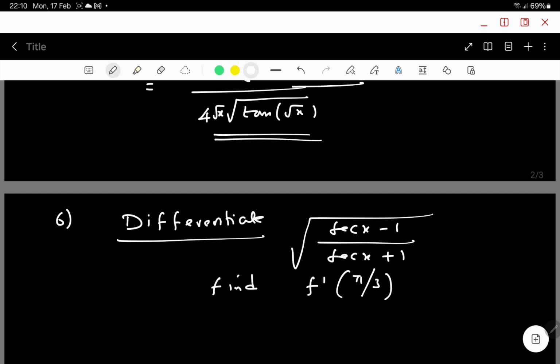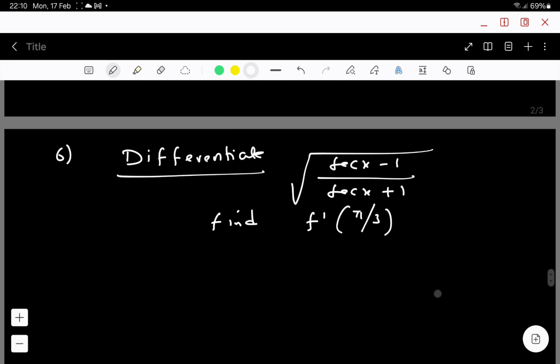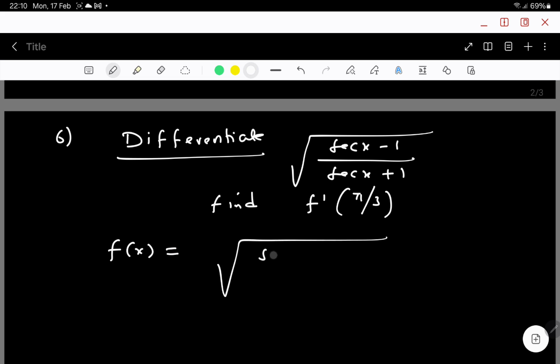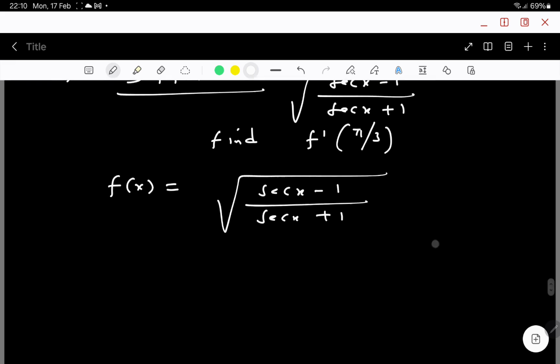So f dash of pi by 3 means after differentiations we substitute x is equal to pi by 3 and find out its derivative value. Take it as f of x or y, both are same. So square root of secant x minus 1 divided by secant x plus 1.